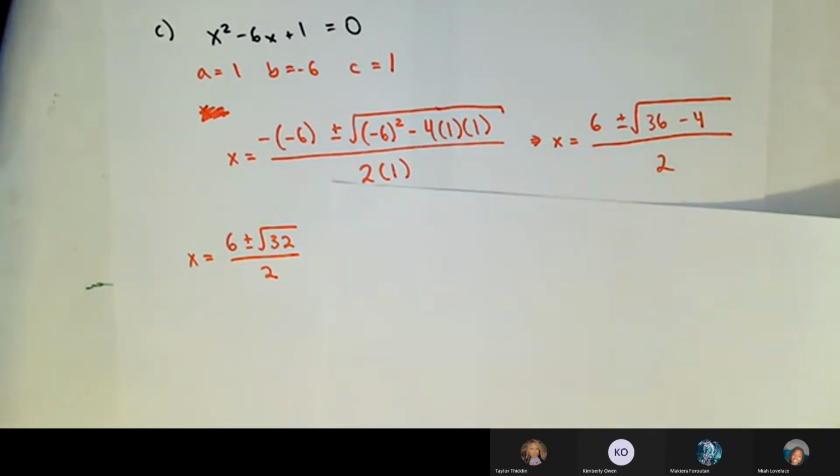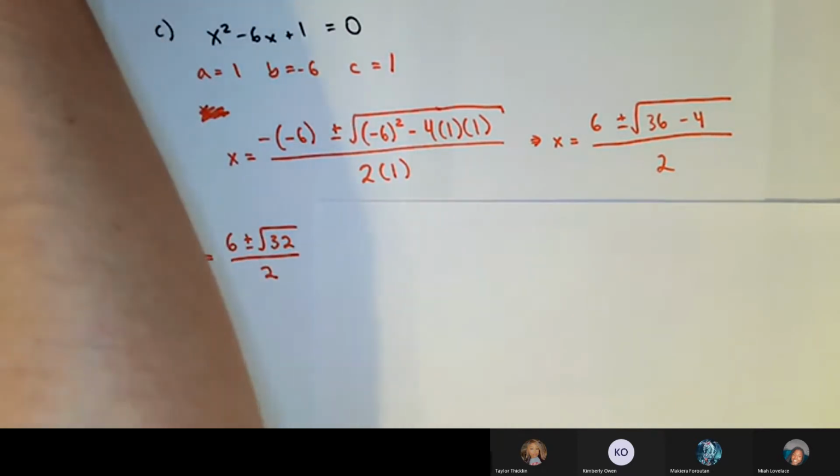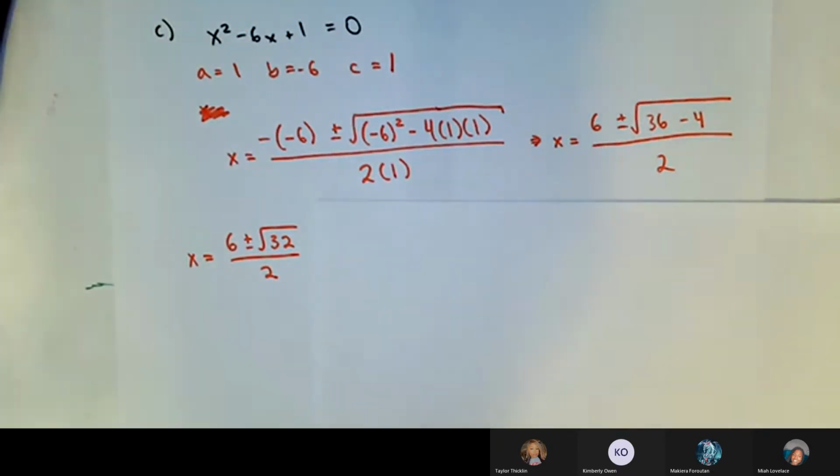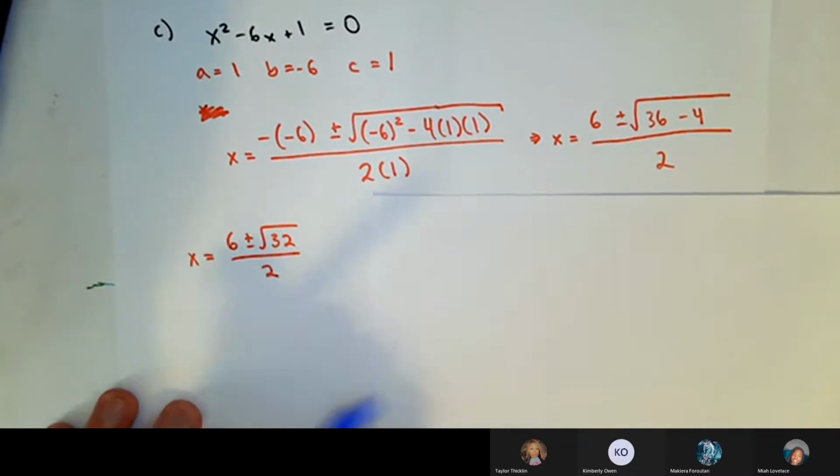Now again, I'm going to have to pull this square root of 32 off to the side and see if anything can be done with that. Sometimes you'll look at them and you'll just know. Like if it's a square root of 11 or something like that, you know it has no perfect square factors, then at that point you can just comma separate your answers.